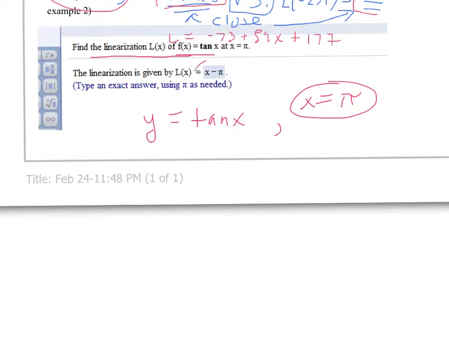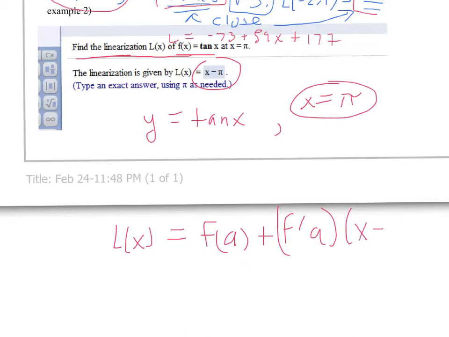Well, I have already typed in the answer here, but the question is, how did I get it? Again, now you know the command of the language. As soon as it says find the linearization, you just write down your formula, which is f of a plus f prime of a times x minus a, and you start plugging and chugging.